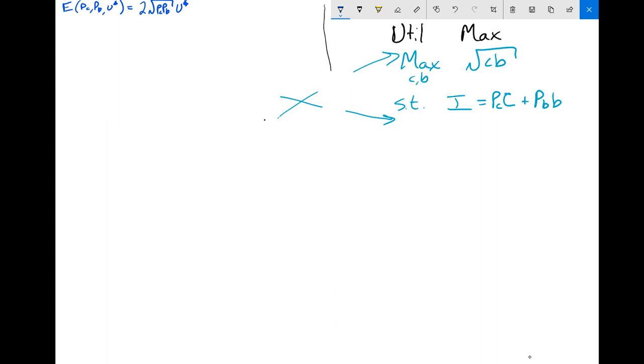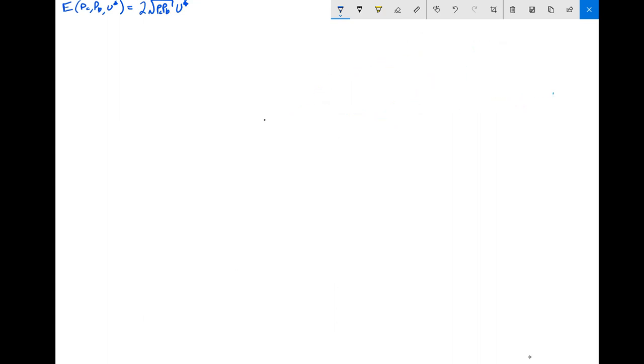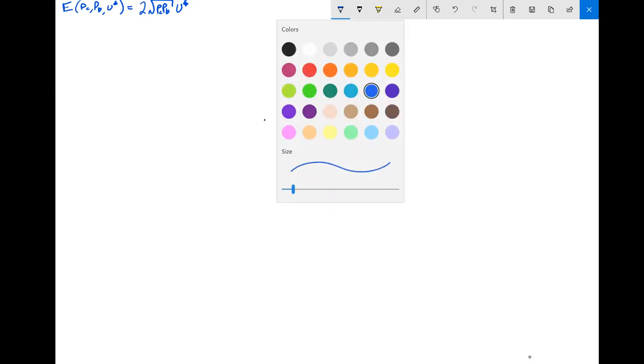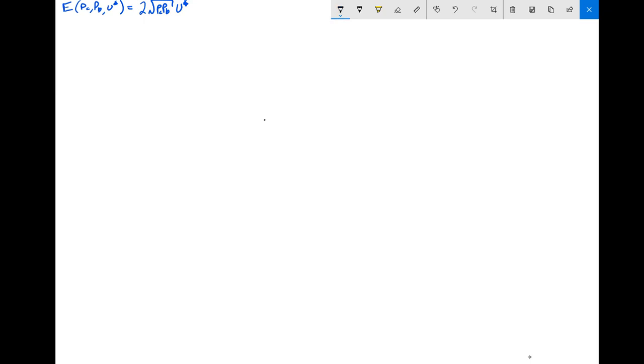All right, and now I'm going to do this utility maximization problem. All right, so I'm going to maximize this utility function for C and B, subject to this constraint. Okay, so let's do it.